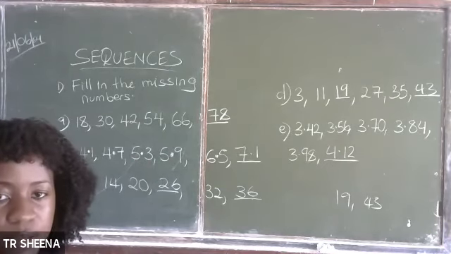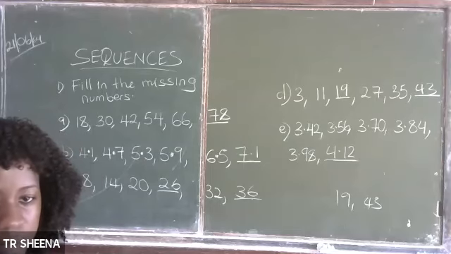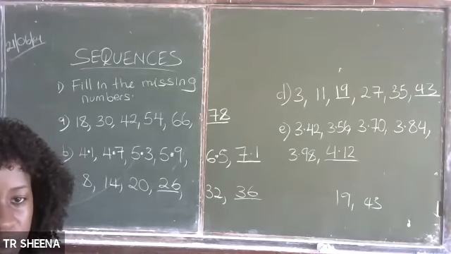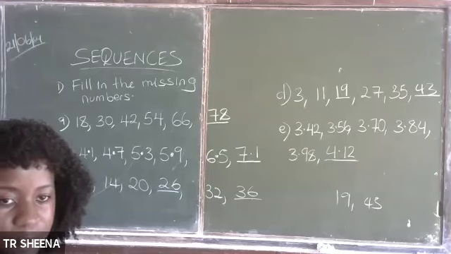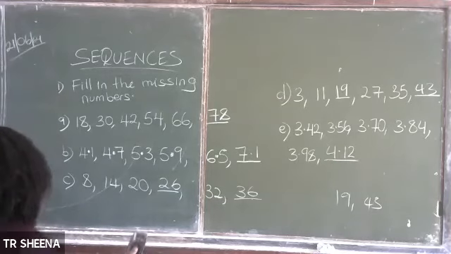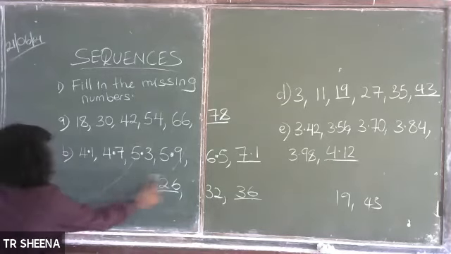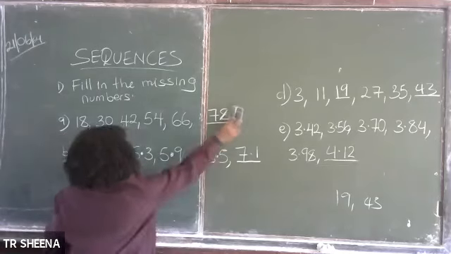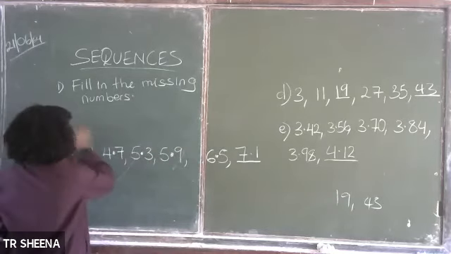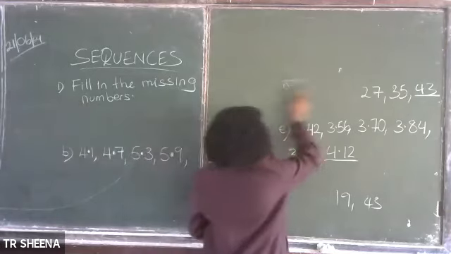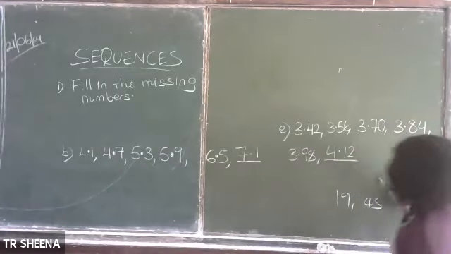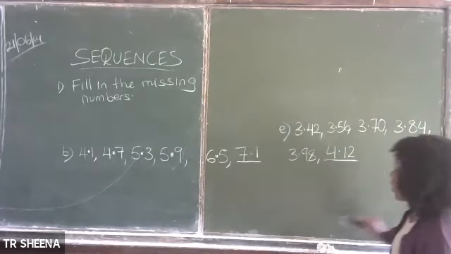So since Jemima didn't understand part B, I'm going to remove everything except part B and part E because they are similar. So I'm assuming that the issue is with decimals. So I'm going to leave these sequences that have decimals. But like I said, sometimes they are decimals, but sometimes they can also bring fractions.